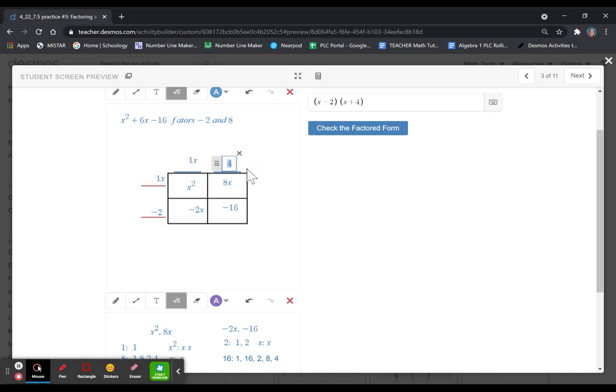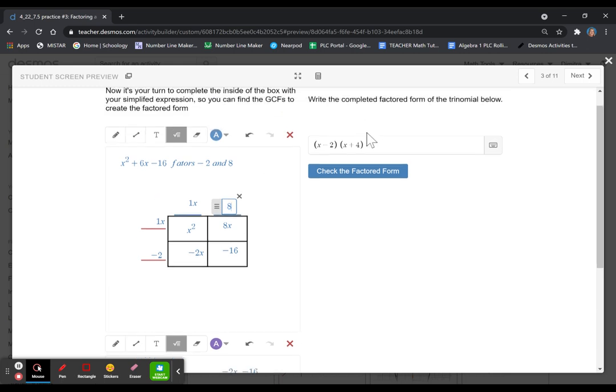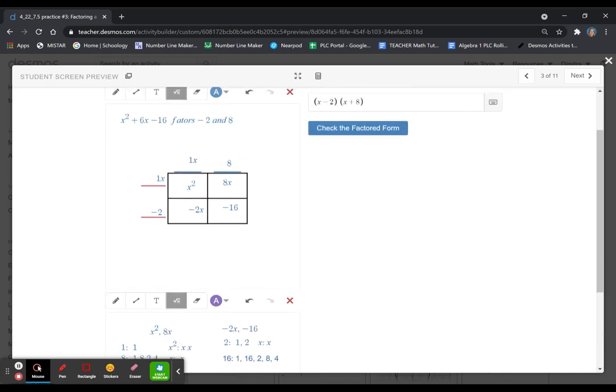Oh, this should be 8. How many times am I going to get that wrong? Okay, 1x times 1x is x squared. 8 times 1x is 8x. Now I got it right. 1x times negative 2 is negative 2x, and 8 times negative 2 is negative 16. Okay, so this is the answer there.